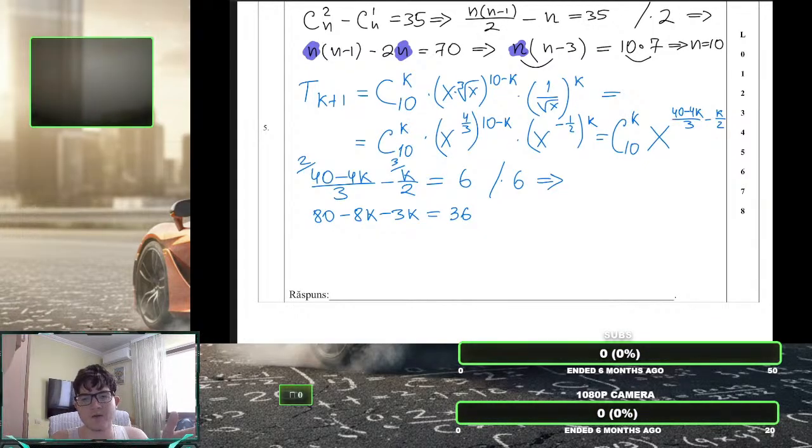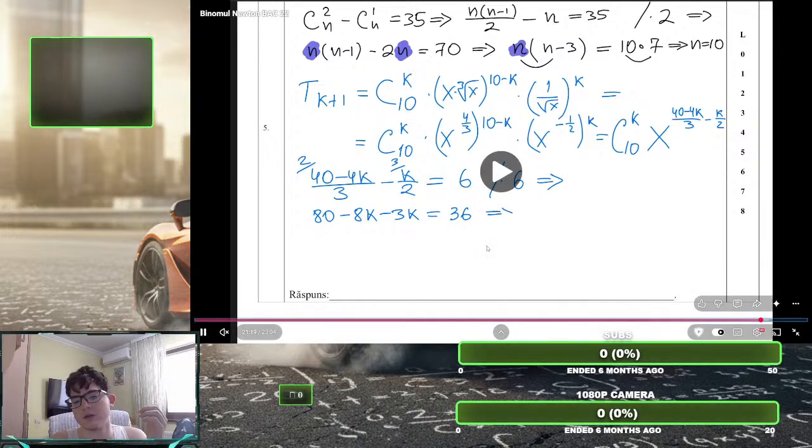So equal to 36. Okay. Now 80 minus 11k equals 36. So 11k is gonna be equal to 44. So k is gonna be 4.